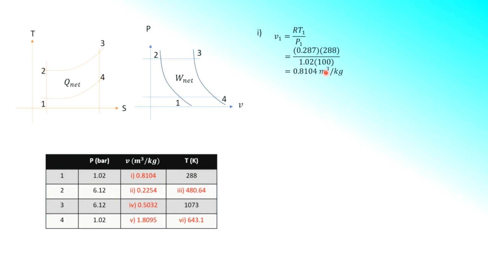So once you have got your volume, remember to immediately write it into the table and put it at the space for point 1, for the volume. Then step 2. You can also go straight to point 3 to find the next volume.